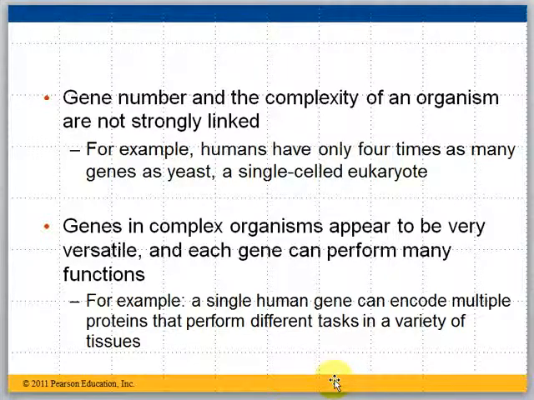So a single human gene can potentially create multiple proteins that perform different tasks in a variety of tissues, whereas a single gene in yeast perhaps only has a single job to do, and it only does that one job. But it seems like the more complex the creature, not necessarily the more genes, but the more versatile those genes are.